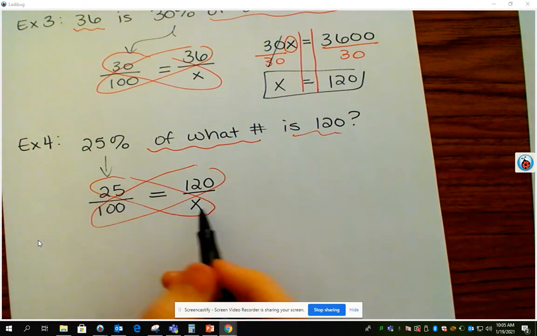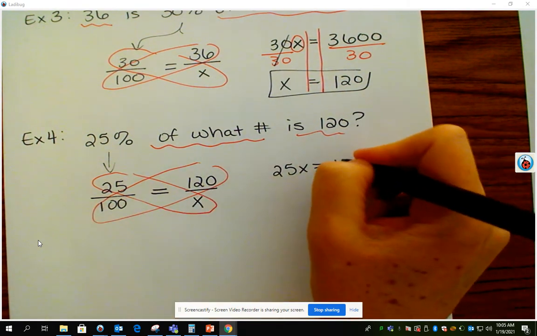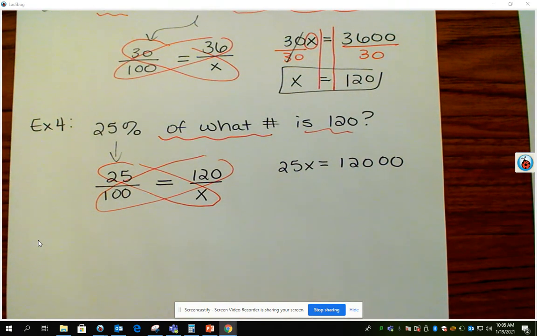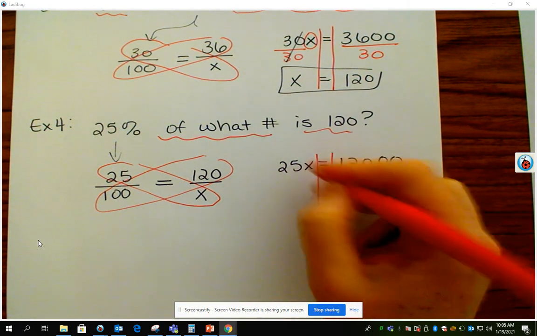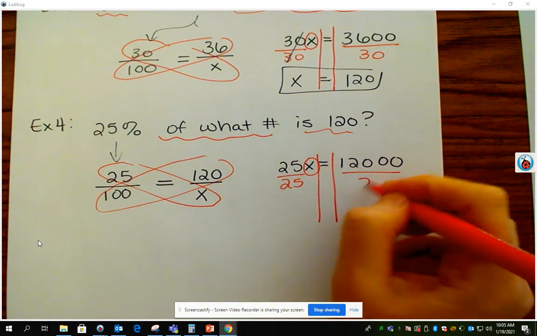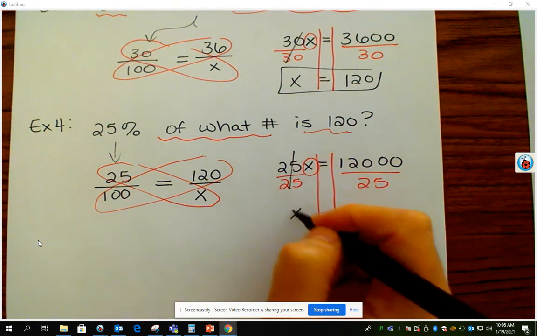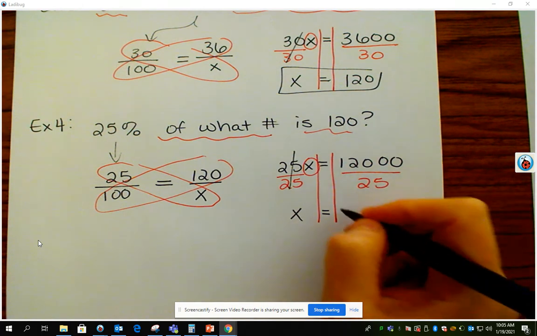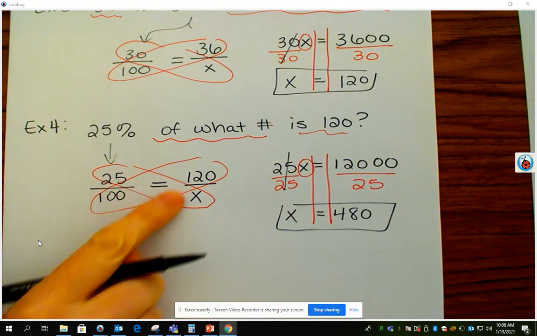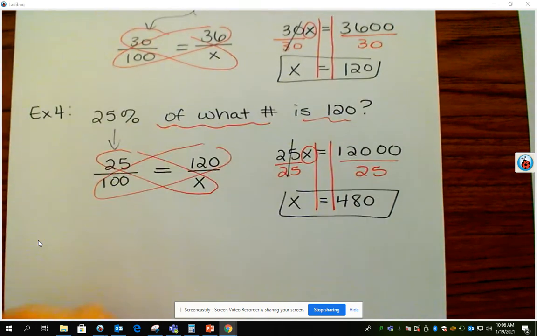So 25 times x is 25x. 120 times 100, add those two zeros. Solve for x. I'm going to get rid of 25 by dividing. That leaves x on this side. And this is 480. So make sure it makes sense. 120 is 25% of 480.